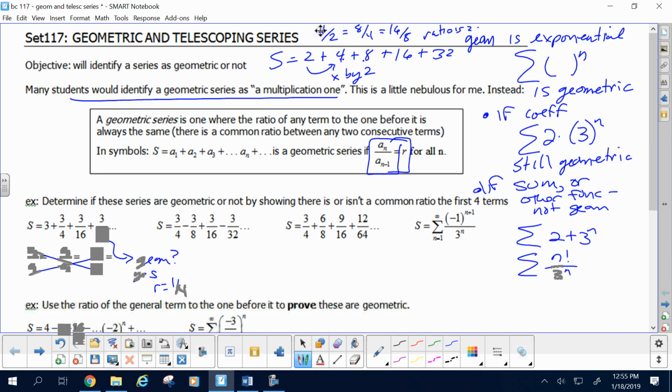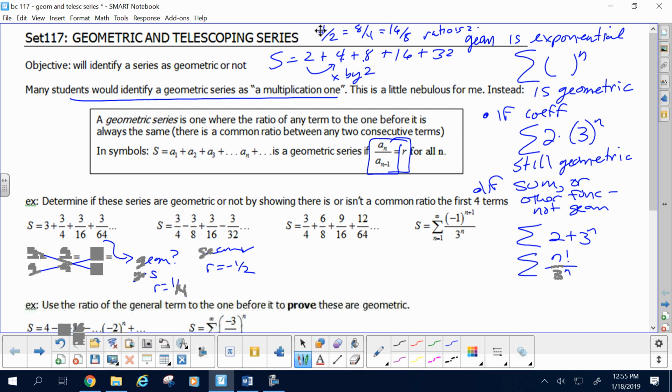Are you multiplying by the same thing every time? What this times what equals -3/8? -1/2. You do that again, would you get 3/16? And if you do that again, would you get -3/32? So because you seem to be getting the same thing each time, you say yes. And r is -1/2 in that case.